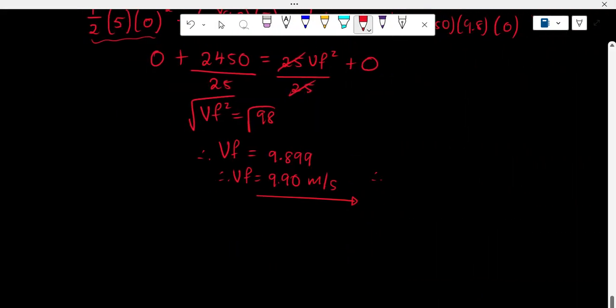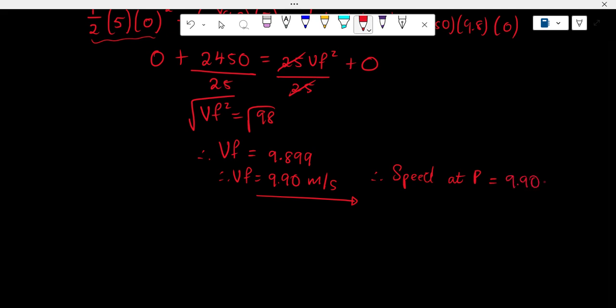So we conclude that the speed at P equals 9.90 meters per second. For those that are attempting this question, which I hope we all are, I hope you got exactly the same answer as mine.